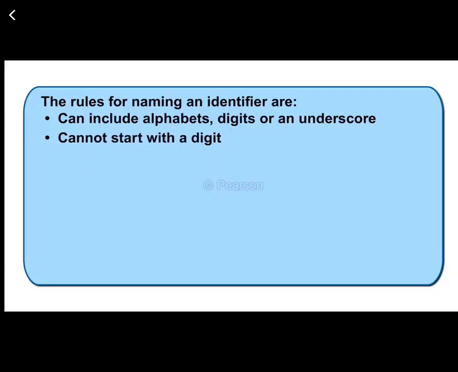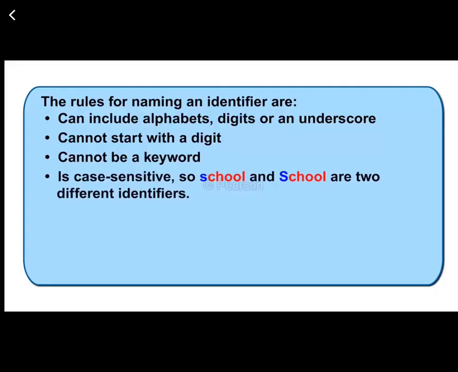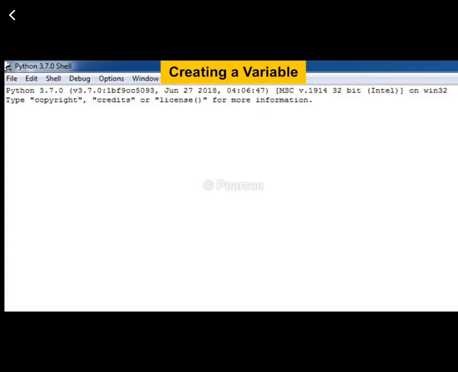It cannot start with a digit. It cannot be a keyword. Python is case sensitive, and so School and school are two different identifiers. The same should be taken care of while naming a variable.